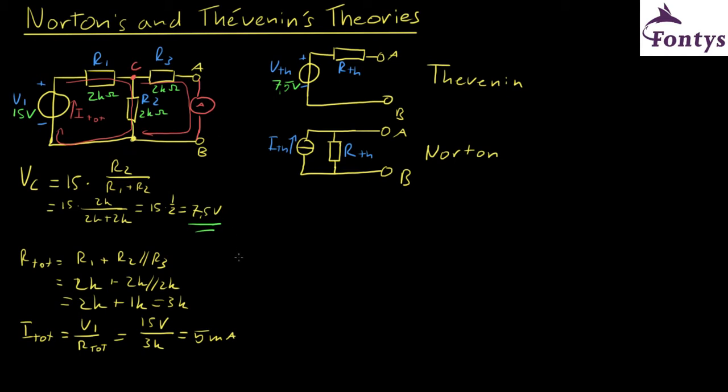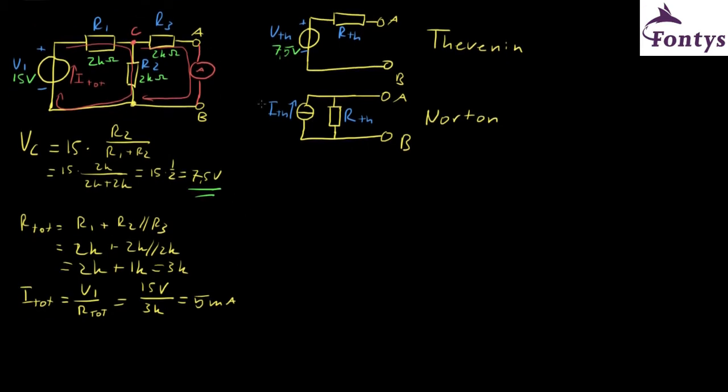And therefore, the short circuit current is half the total current, which will then be 2.5 milliamps. The short circuit current is, of course, the Thevenin current.